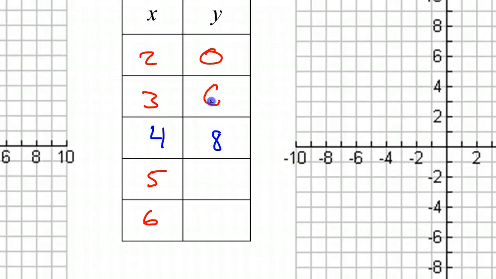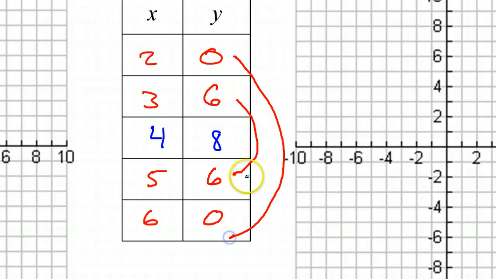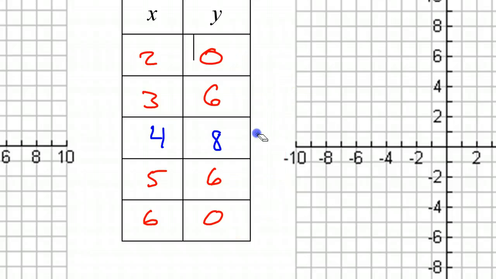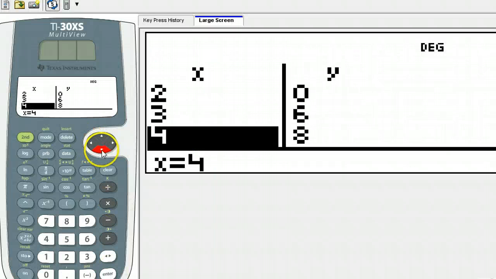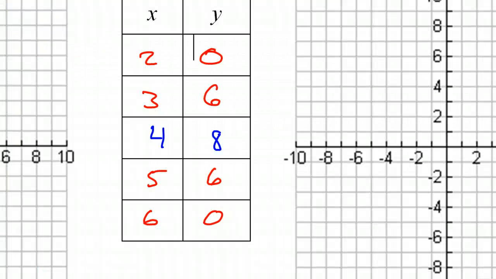So I've got 0, 6, and we already knew the middle would be 8. Now you can bet that the other two values are going to be 6 and 0 because of the symmetry of a parabola. These are going to be equal and these are going to be equal. But let's check and see. So as I scroll down, 6 and 0 just like we thought.